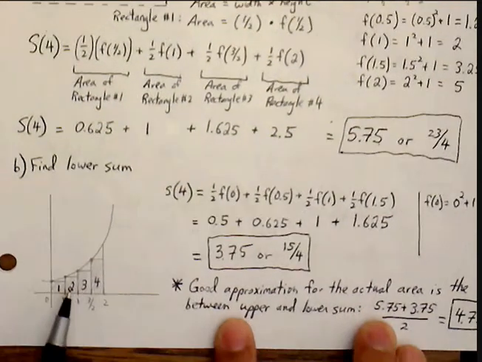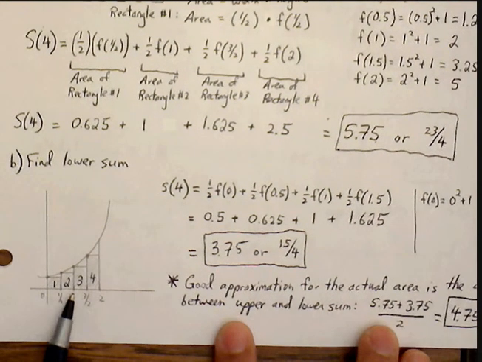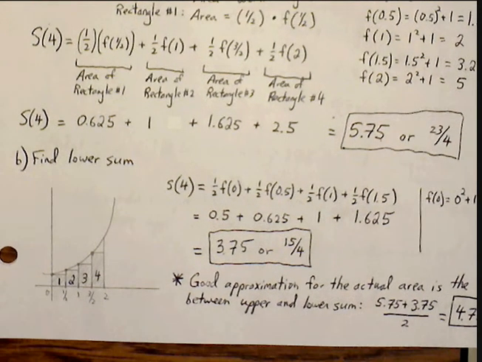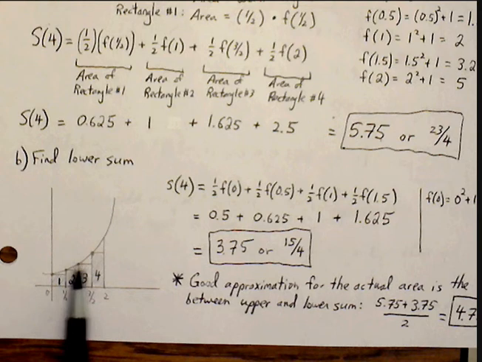So now we want to draw rectangles so that we have inscribed rectangles and an underestimation. Okay. So we want to draw rectangles in a way so that the corner that connects to the graph will cause the rest of the rectangle to fall beneath the curve.